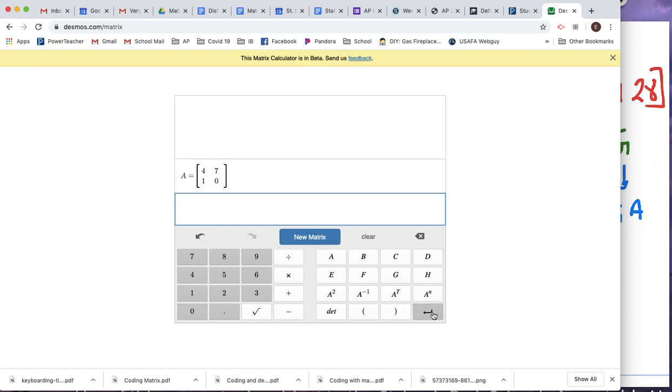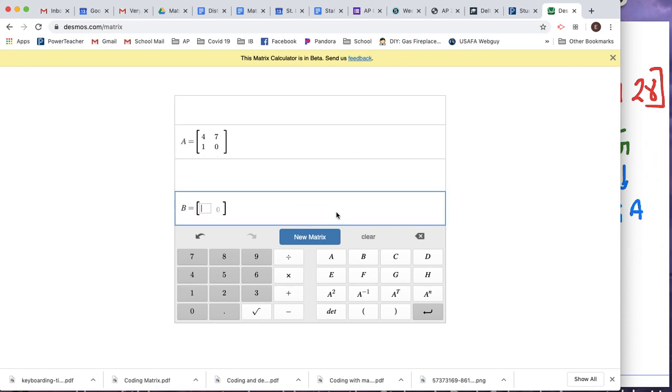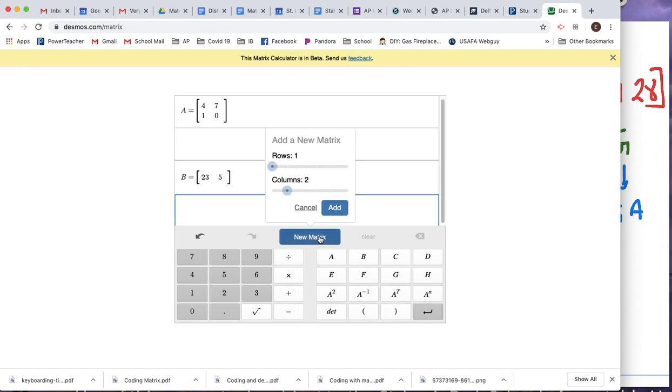Then I'm going to put in my other matrices, my B, C, D, E, F, G. So B, new matrix, but this is a 1-row matrix, 2 columns. So it looks like this. B is going to be 23 and 5. Enter that one. New matrix. We're going to make this next one 29 and 7.